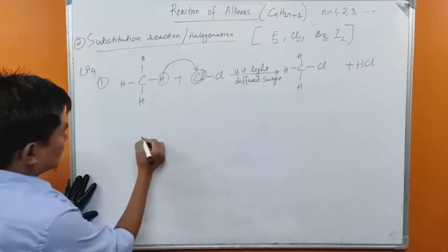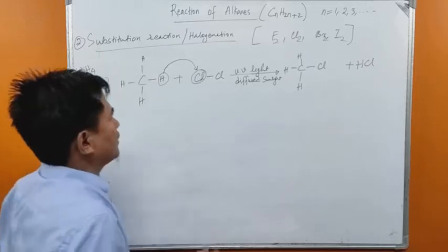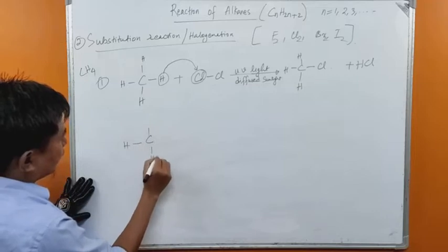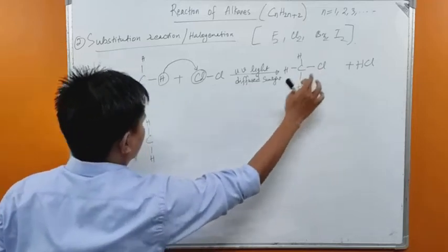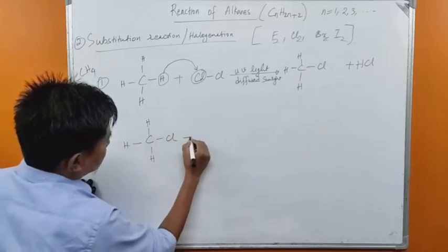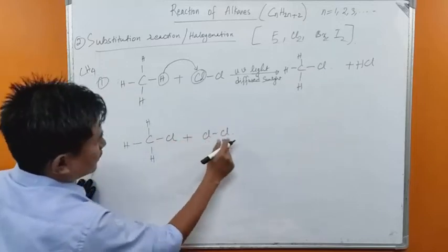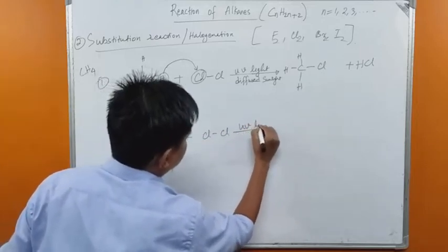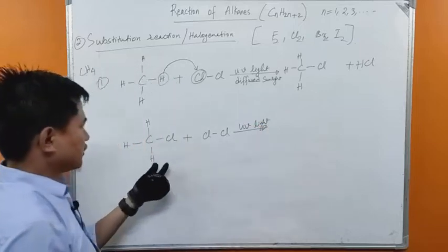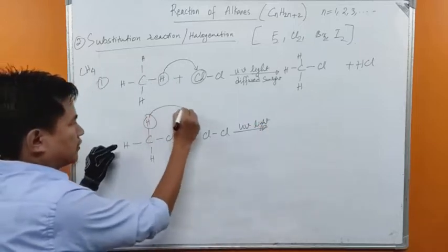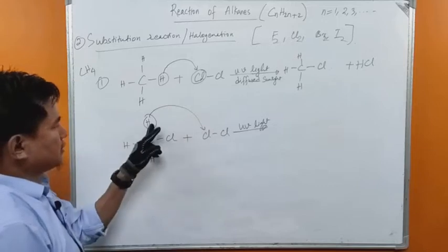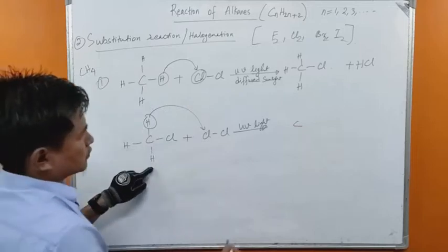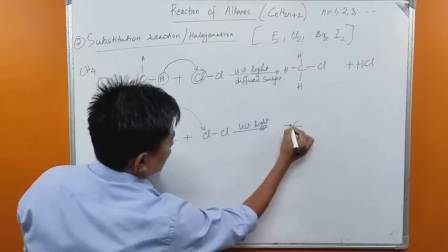So similarly, this reaction will not stop here. Now carbon, here we have hydrogen, hydrogen, hydrogen, and here we have chlorine, isn't it? Further, it reacts with chlorine molecule Cl Cl, 2 chlorine atoms, in presence of UV light, to produce... Now this hydrogen will be replaced. We write this C here, 2 hydrogen atoms, one H here and one H here.